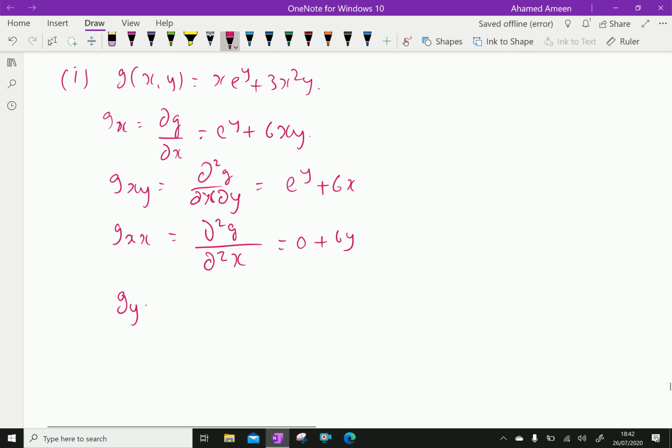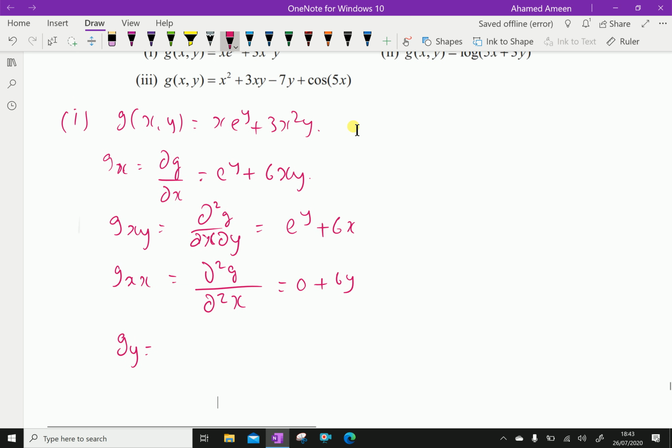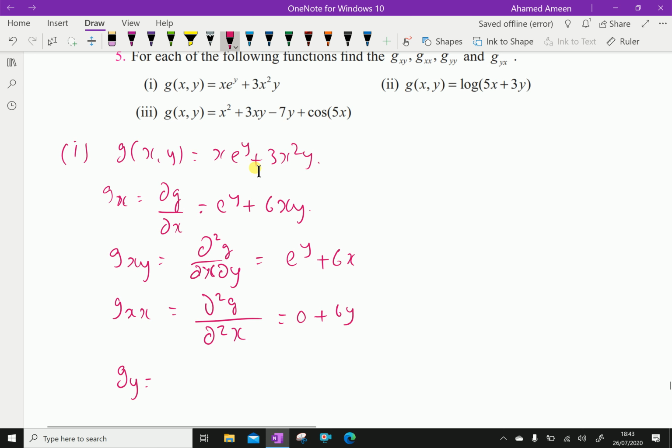Next, here g of yy. First g of y. Here the function is x e power y plus 3x squared y.